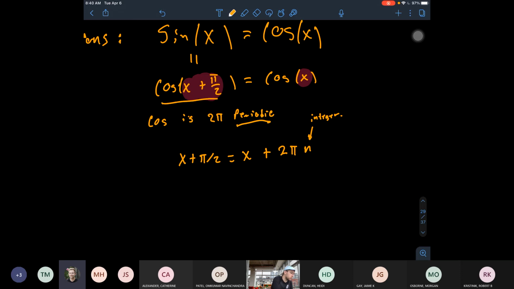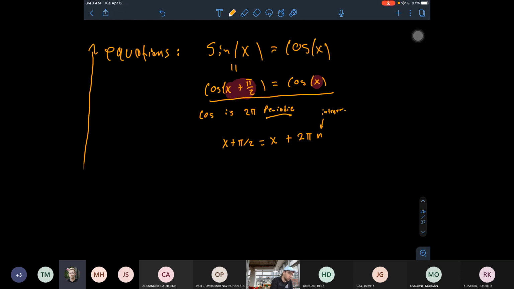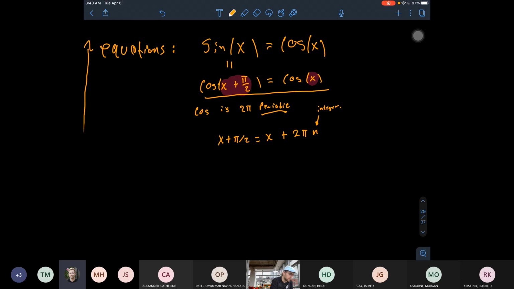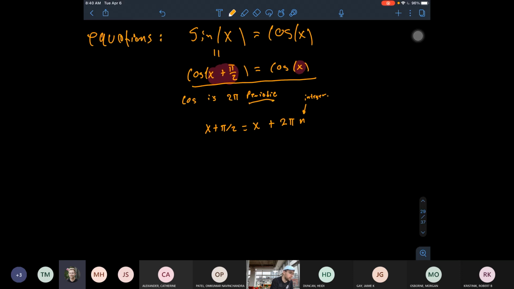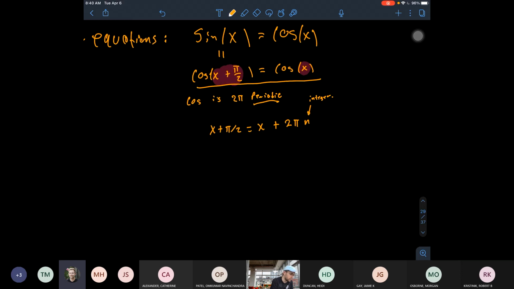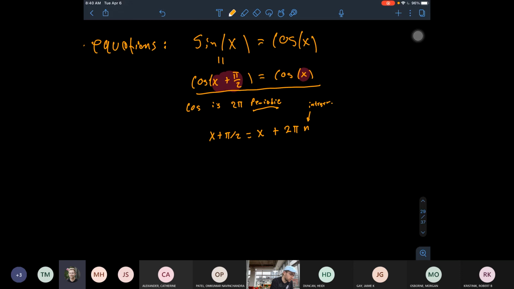Then these two functions evaluated at x plus pi over 2 and x will be equal as long as x plus pi over 2 is equal to x plus 2 pi times some integer n. This is coming strictly from the periodicity of the cosine function. So if this is true, then what can we say?